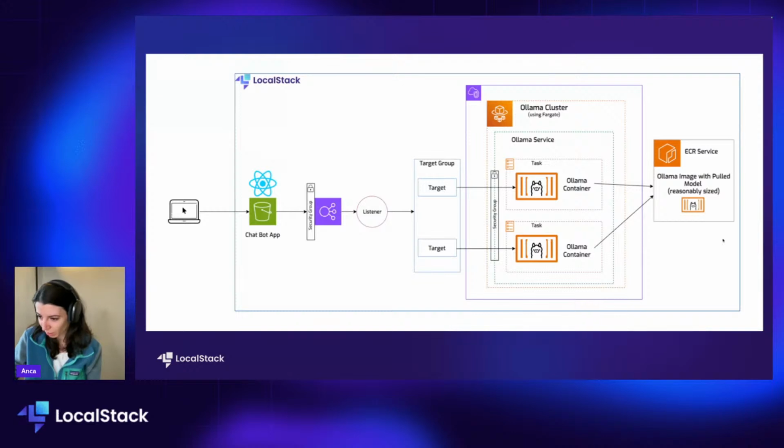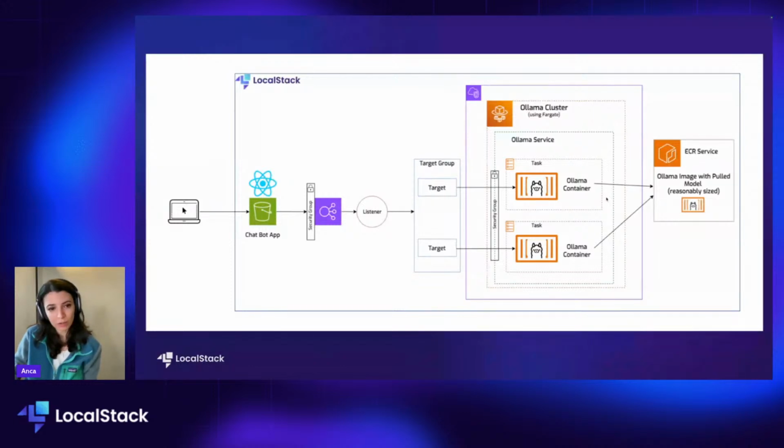What else? I have my notes so I don't forget anything here. Right, so the load balancer has a listener that will route the traffic to different targets here. These are basically the IPs of the containers of these tasks within the Ollama service.